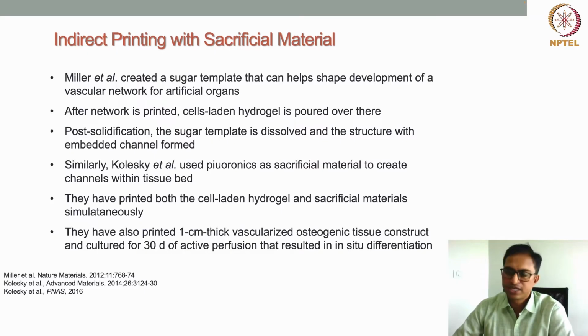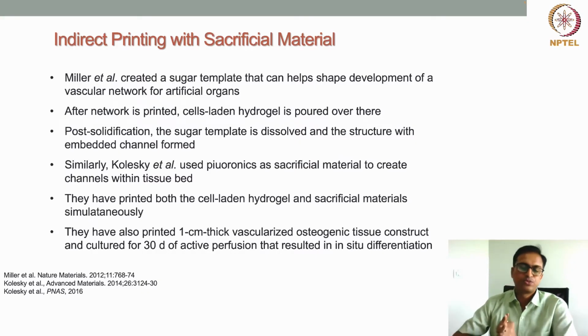So this is a very significant work where they've shown the possibility of developing a vascular tissue construct with printing of sacrificial material. But this work is limited, because when you are using cell laden hydrogel, most of the time the cells will be homogeneously suspended within the hydrogel. So we can get a structure where one or two types of cells are homogeneously suspended in that hydrogel, and we can get the tissue with that.